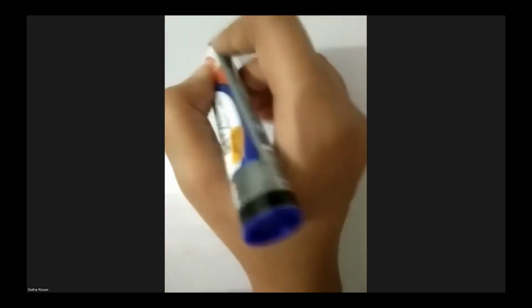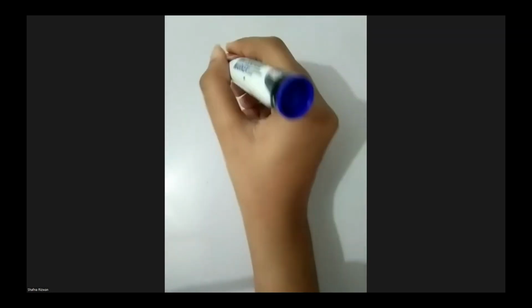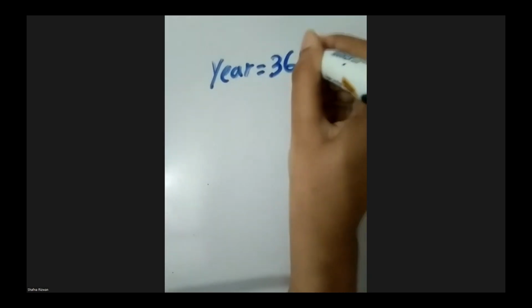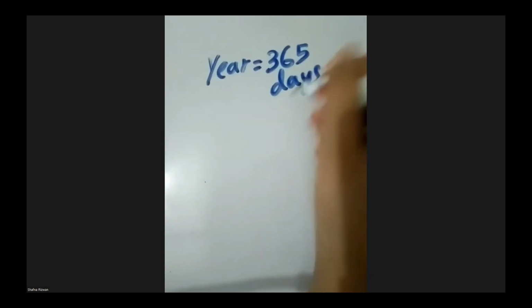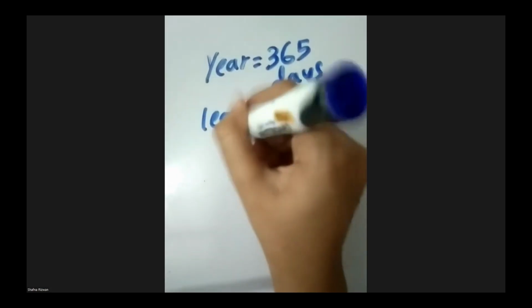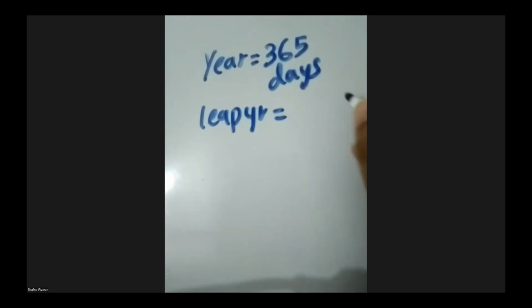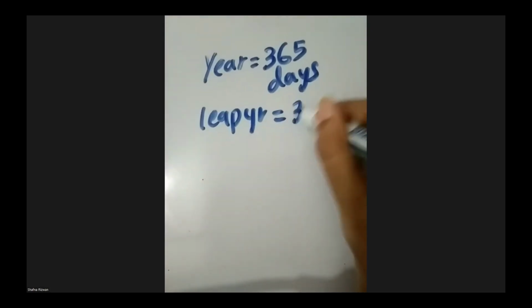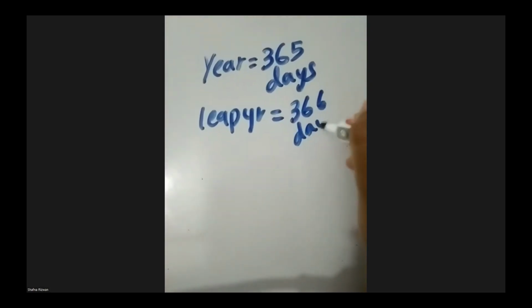Now see here, how can you find a leap year? Always remember, if you take a year, in a year you should have around 365 days. But if you take a leap year, in a leap year you will always have around 366 days.